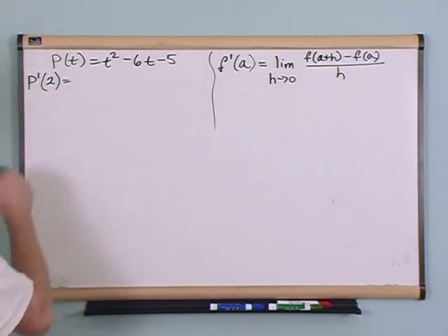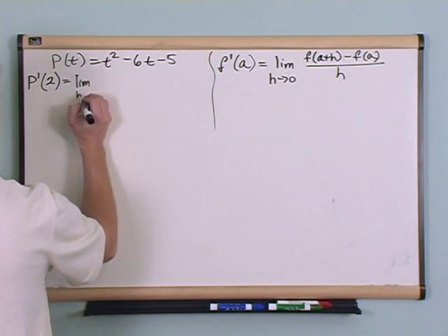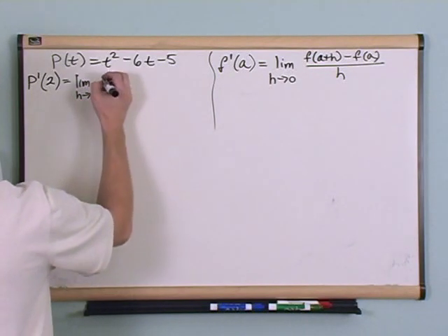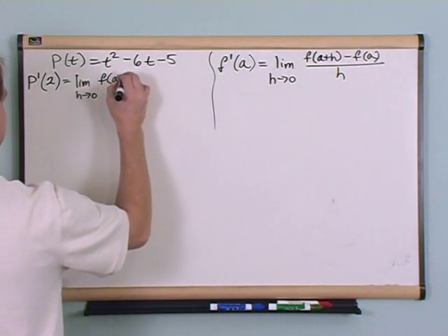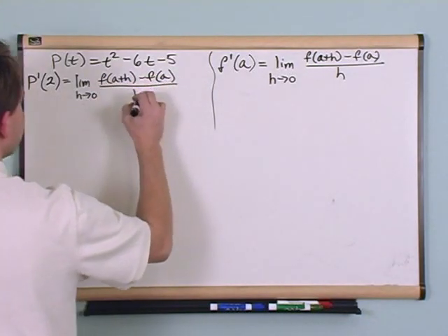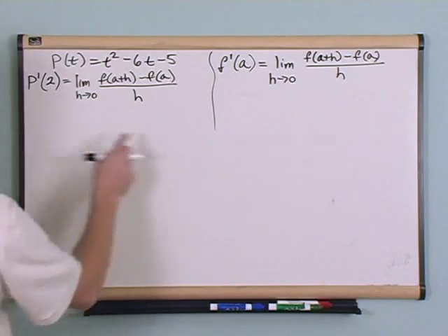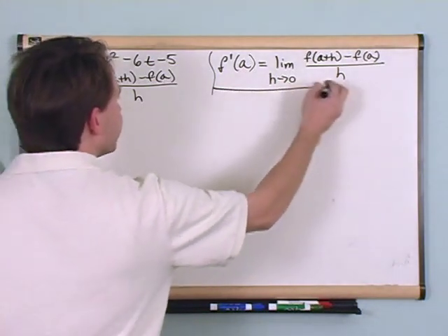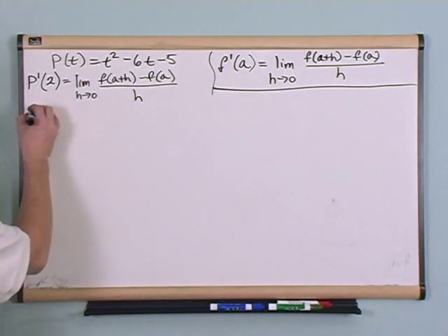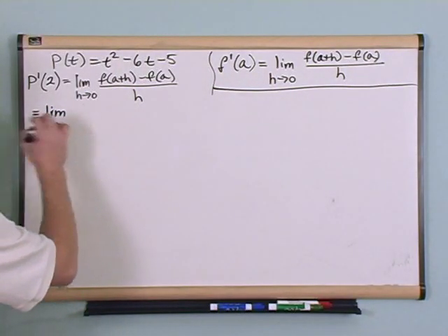Well, I'm going to write it over again just to make it clear. Limit as h approaches 0 of f of a plus h minus f of a all over h. Okay? So we're going to have to do a little bit of algebra here. Bear with me. This is equal to the limit as h approaches 0.